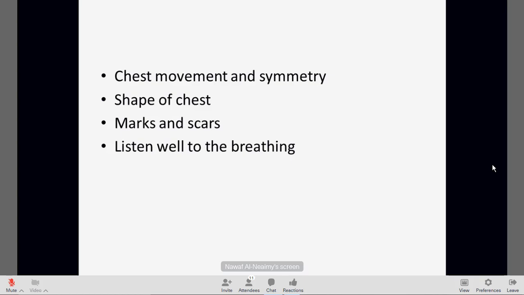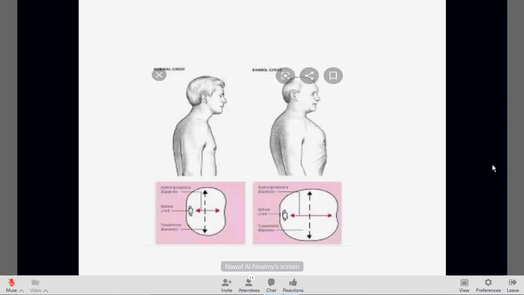The next point is to look for the shape of the chest. انتم تعرفون انه هذا الإيمج on the left, normal shape of the chest is that the transverse diameter is more than the anterior-posterior one. This is the normal shape of the chest.